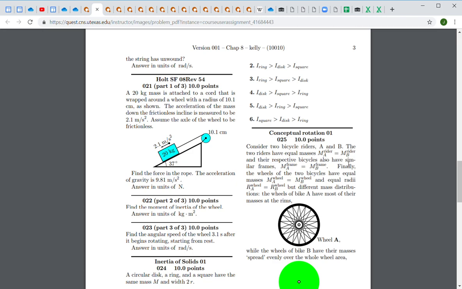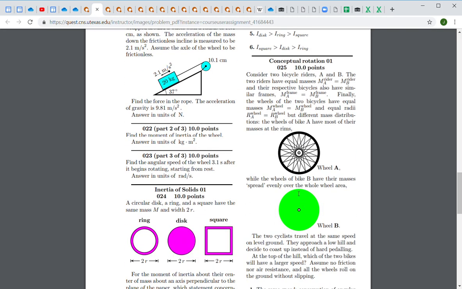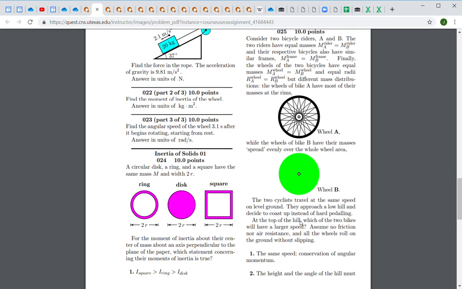The wheels of the two bicycles have the same mass and equal radius. So the only difference between these bicyclists and their bicycles is how the mass is distributed on the wheels. In one case, all the mass is out at the edge of the rim, whereas in the other case, it's distributed across a disc. They're sort of like uniform disc wheels.